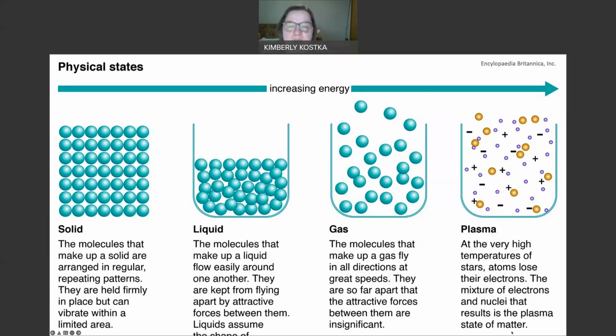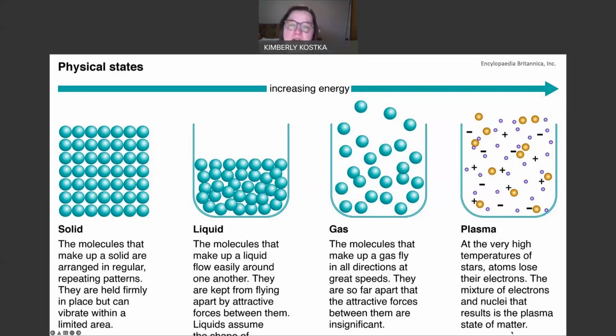Solids and liquids are what are called condensed phases of matter because the particles are close together, so they're condensed. In a solid, the particles are locked into position and they don't move past each other. In a liquid, the particles are close to each other and they flow past each other.